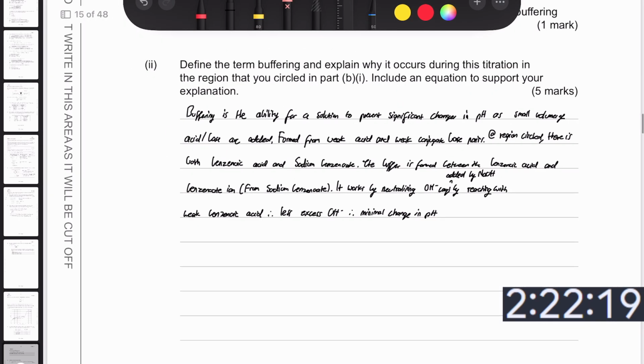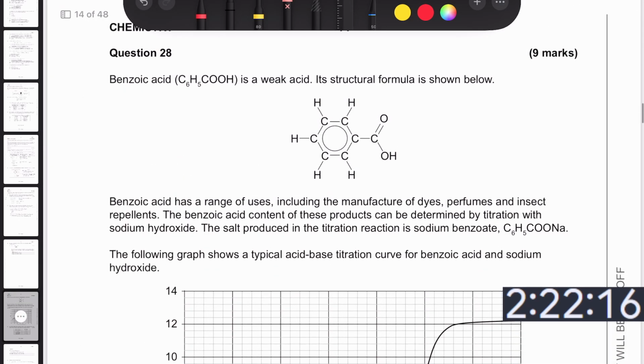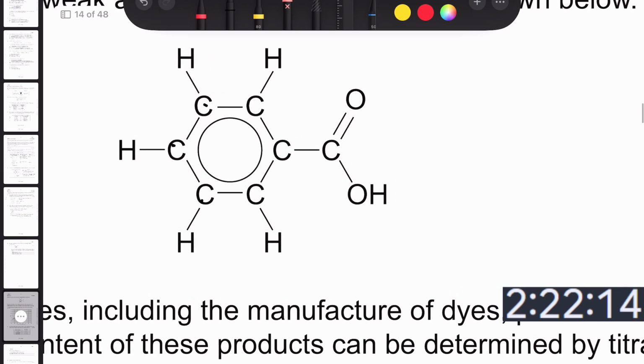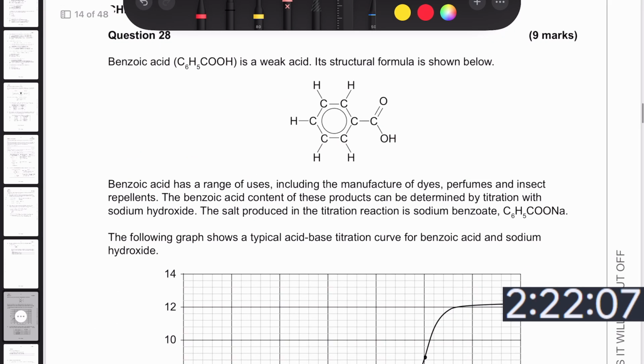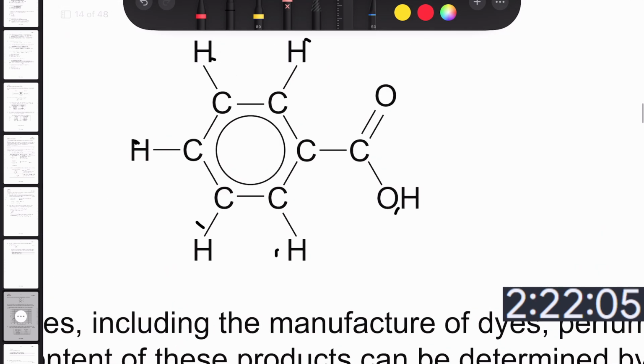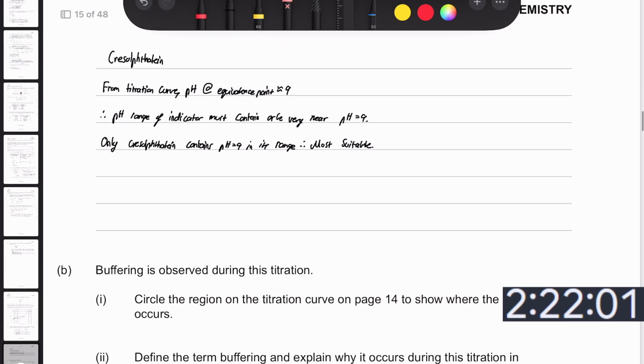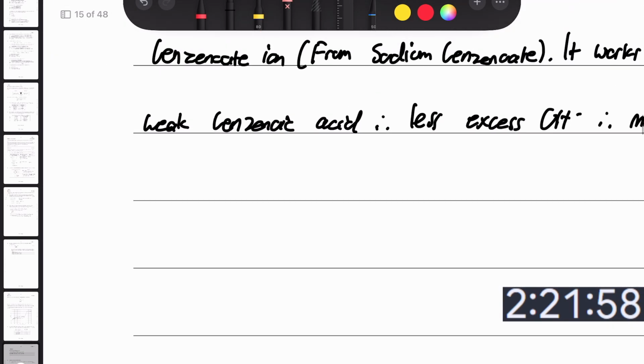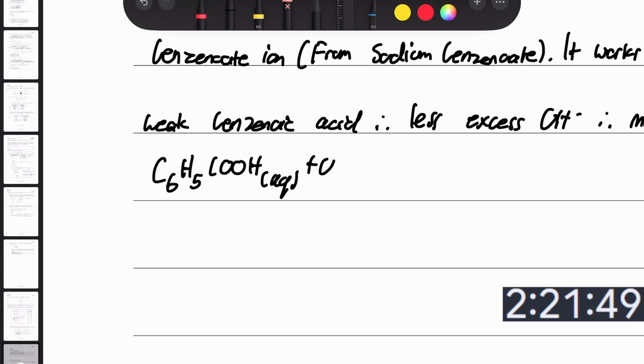Okay, so now I have to do the full equation. So let's see, it's 1, 2, 3, 4, 5, 6, 7 carbons. And then 1, 2, 3, 4, 5, 6 hydrogens, and 2 oxygens. C7H6O2. So we'll do C6H5COOH aqueous plus OH minus aqueous.